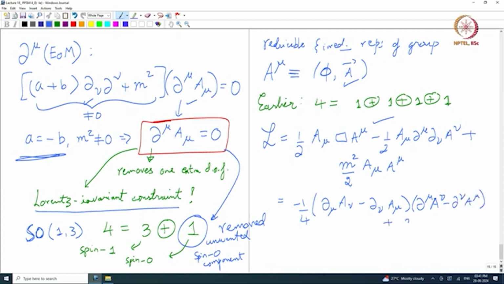So this is what we have now. You can see what I have added and subtracted, right. You can see the terms that I have introduced, okay. Now what I am going to do is define this whole object as an f mu nu.